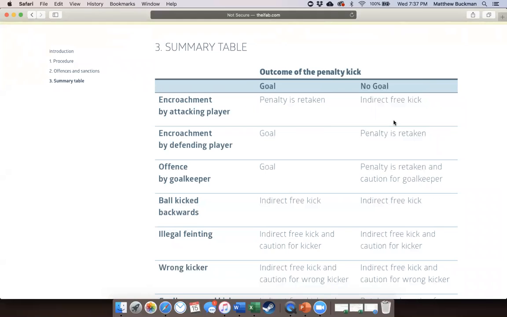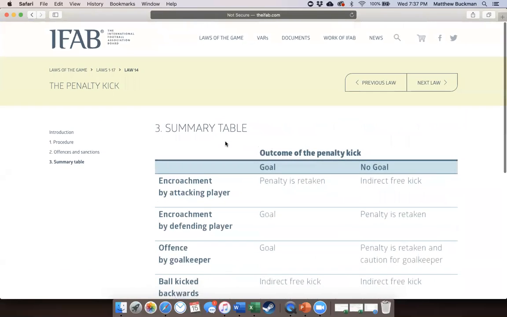What happens if there is another foul by the defensive team during the penalty kick? So that's a little bit difficult. If we have some sort of foul that happens, we have to remember that the ball is not in play until it's been kicked or clearly moves. And so a lot of it is going to depend on when it happens.